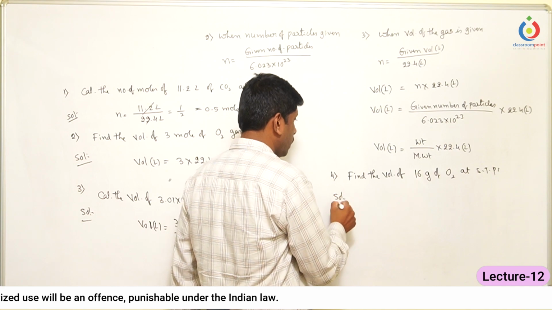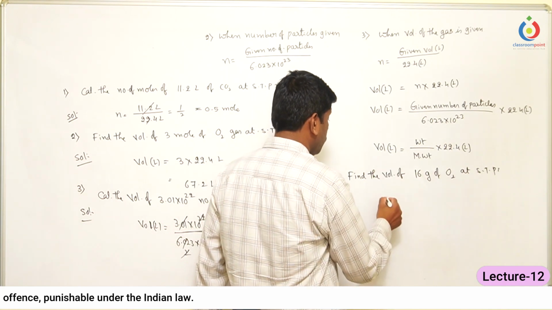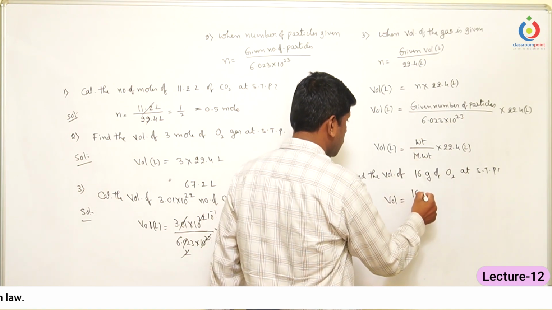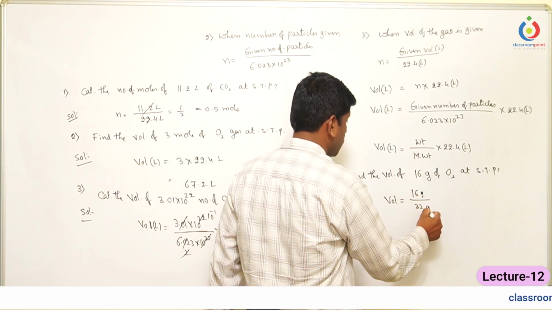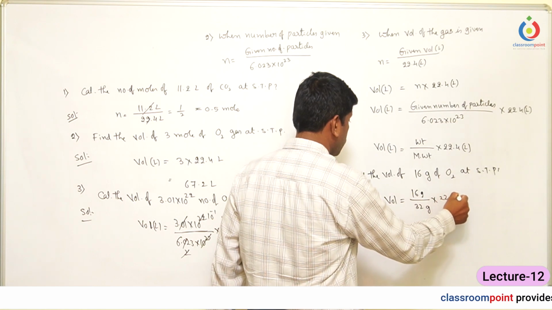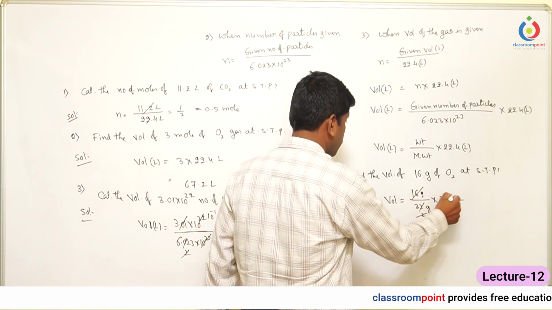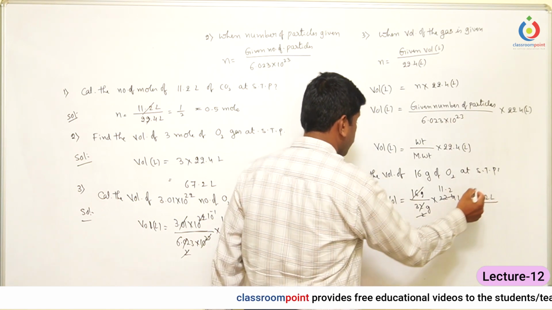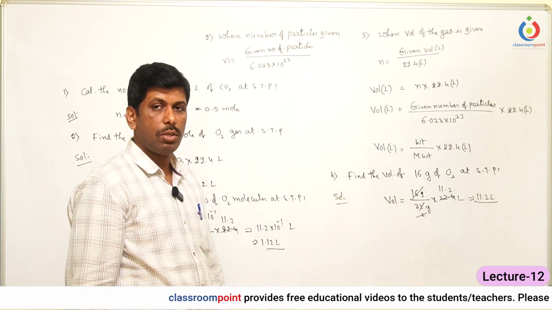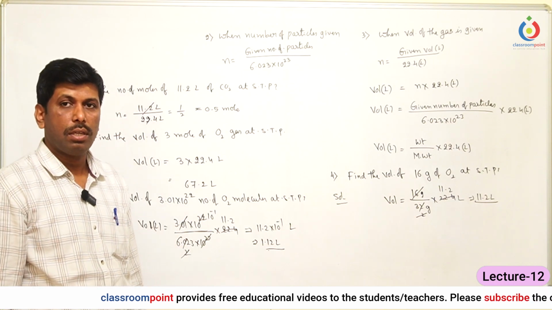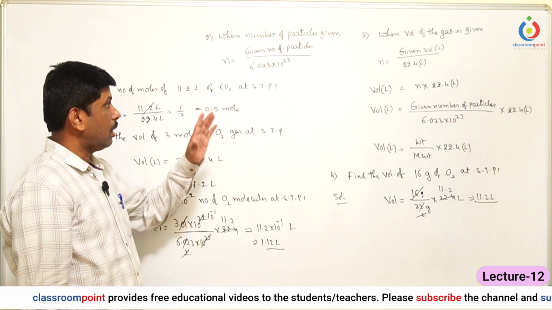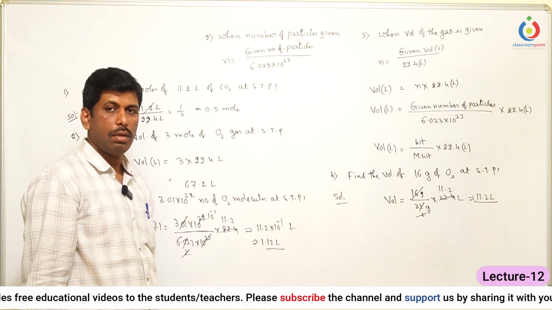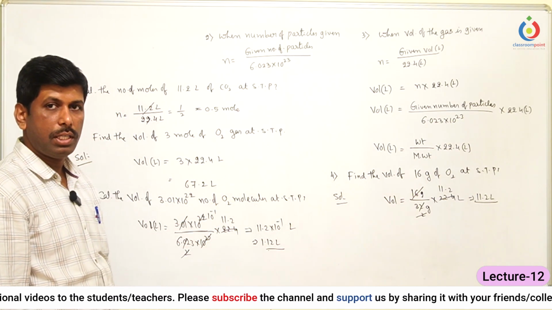So the solution: volume in liters equals given mass 16 grams by molecular mass 32 grams into 22.4 liters. It goes 2 times, so it is 11.2 liters. In this way we can solve the questions on the mole. So I hope you understand. Let us take one more example to make the mole concept even easier for us.